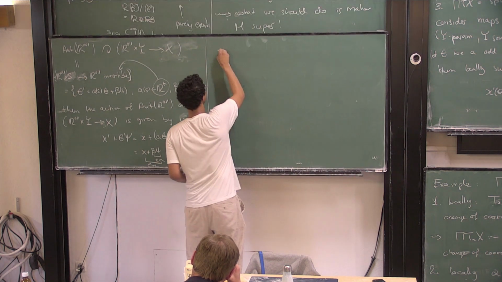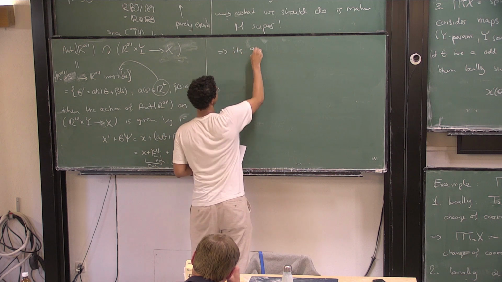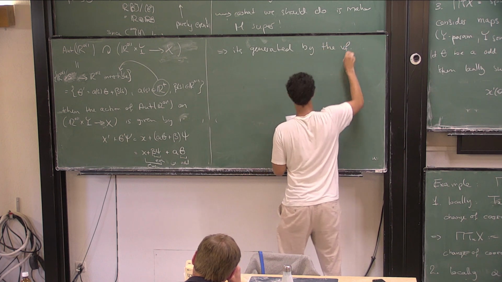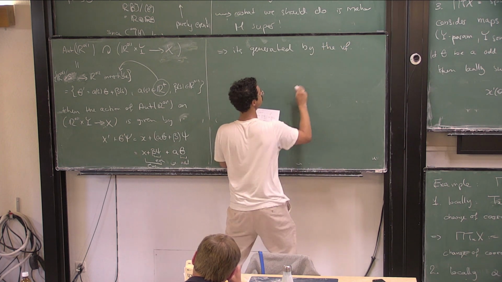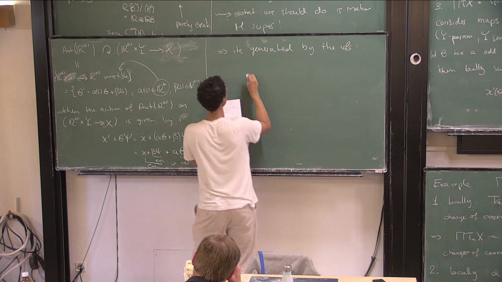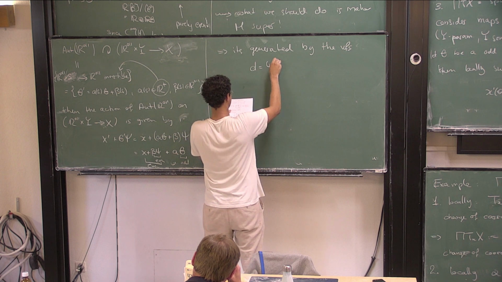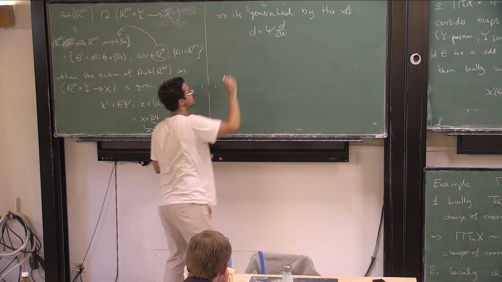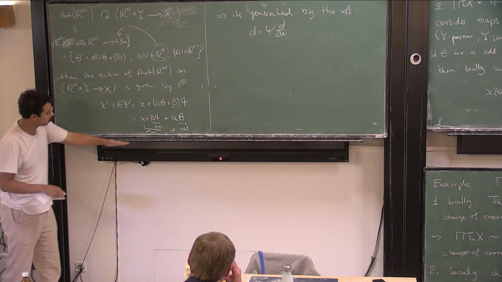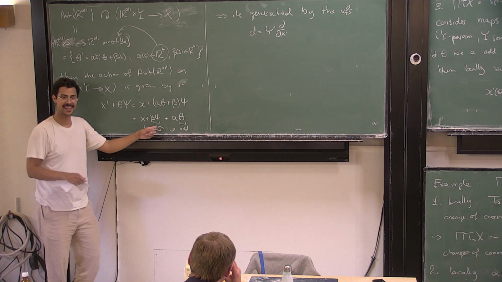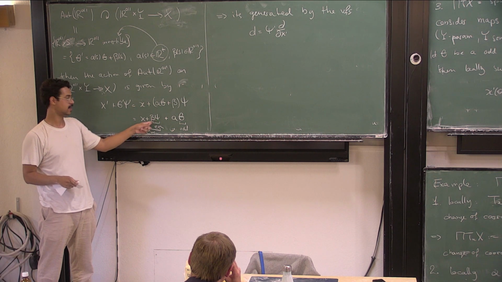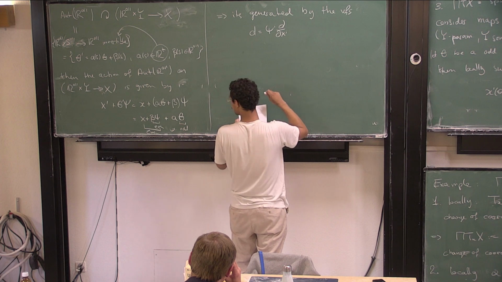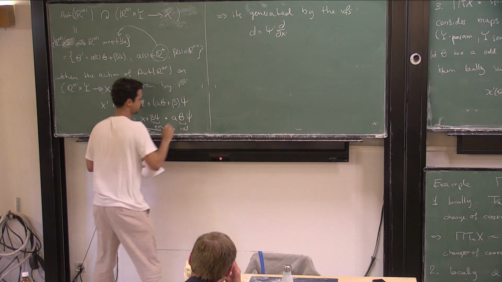So meaning, it is generated by the vector fields d, which is psi i d dxi. Because if you think of this as a vector field on your space and you flow along beta, whatever that may mean, you would generate this term, and you would replace x by beta psi. Sorry, I'm missing some psi here.